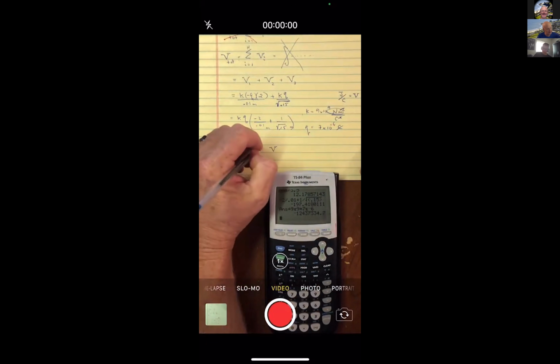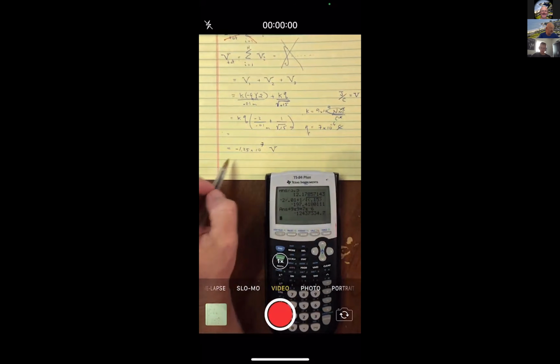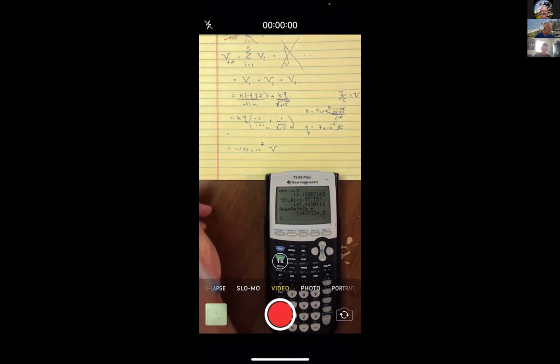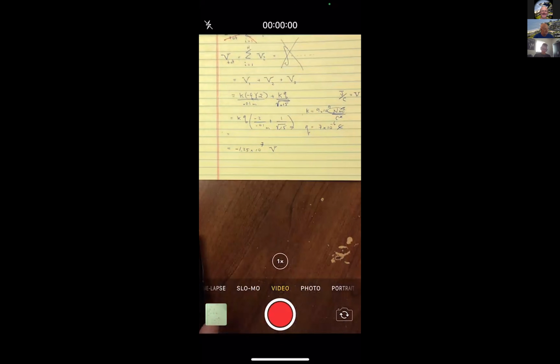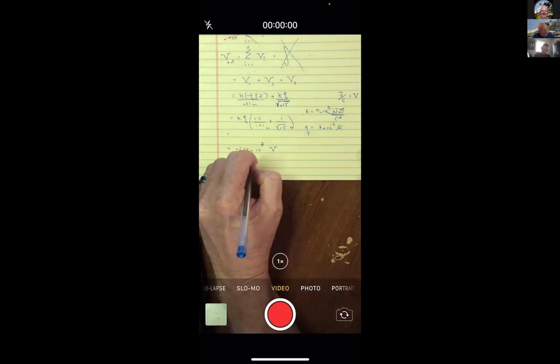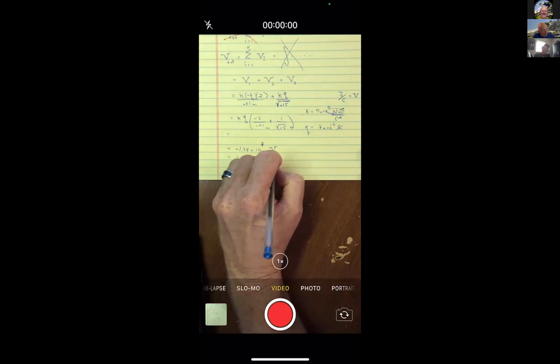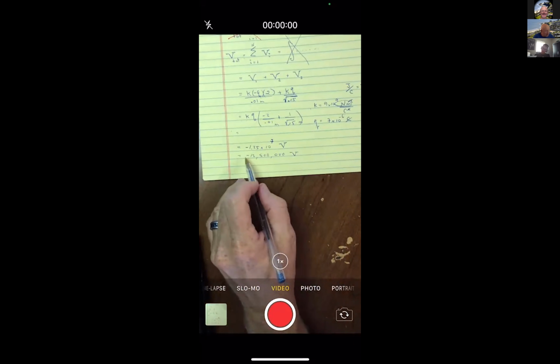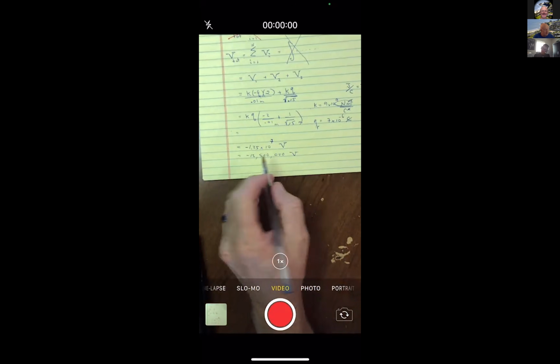So that's 10 to the +7. So it's a negative 1.25 times 10 to the 7. Yes, we could write that as negative 12,500 million, 12,500,000 volts.